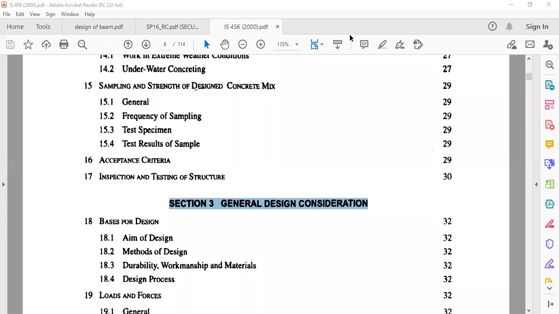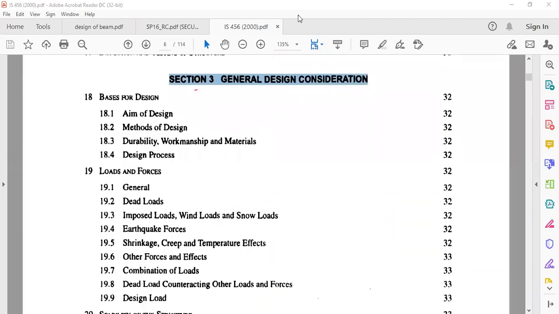You can see the basis for the design, and then loads and forces: dead load, live load, imposed load, wind load, earthquake forces, shrinkage, and other combinations.